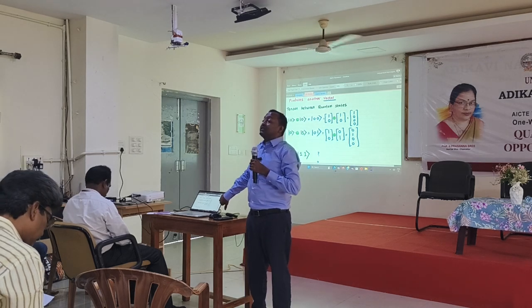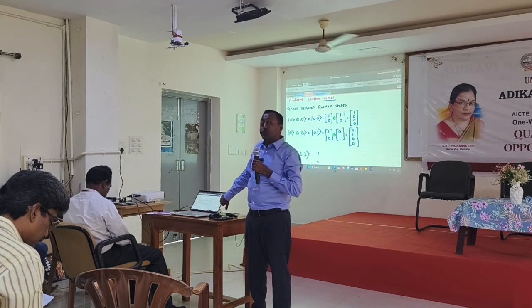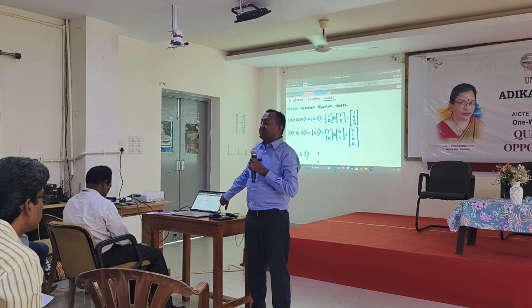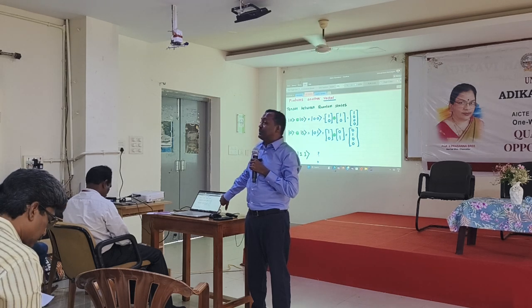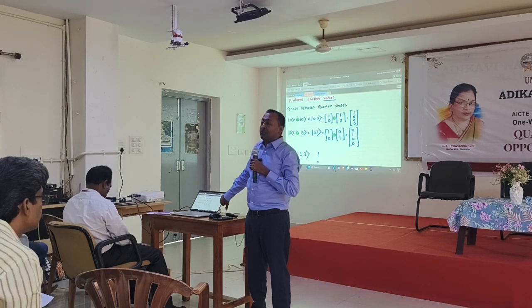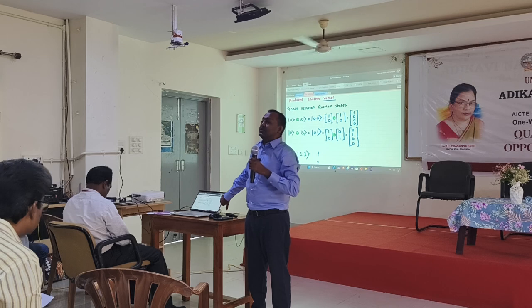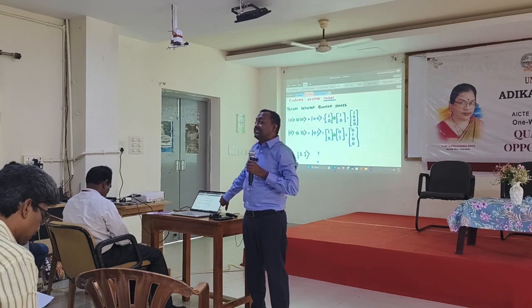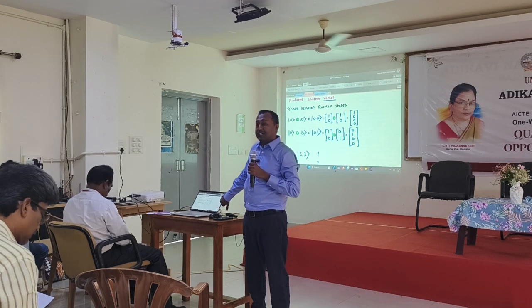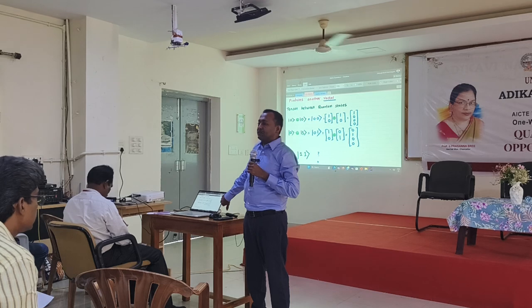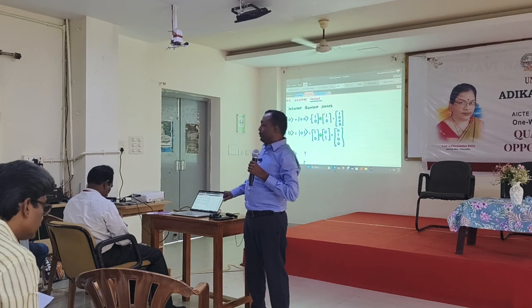These are all possible states of 2 qubit quantum states. Suppose there are 2 qubits, how many states will there be? 4 states: 0, 0, 0, 1, 1, 0, 1, 1. So try to get the tensor product of states 0, 0 and 0, 1. This is what happens in 2 qubits.